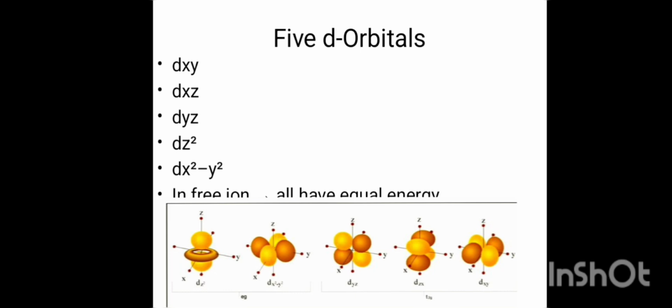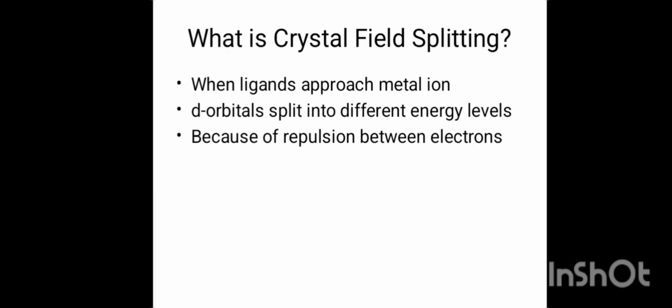So, what are the five d orbitals? We know they are dyz, dxy, dxz, dz square, and dx square minus y square. In free ions, all have equal energy. These are the shapes of all five d orbitals. So, what is crystal field splitting?